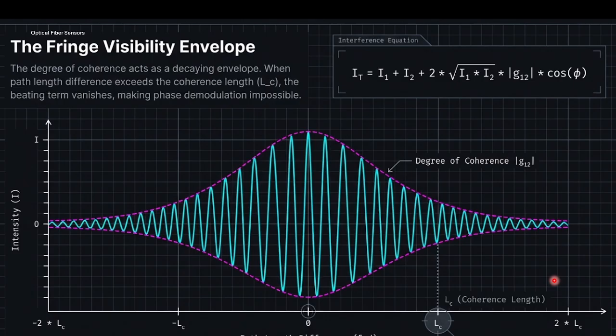You can see here that the plot shows path length distance versus intensity, and the degree of coherence is mentioned as G12, and the coherence length is given as LC, from 0 to LC and 0 to minus LC.